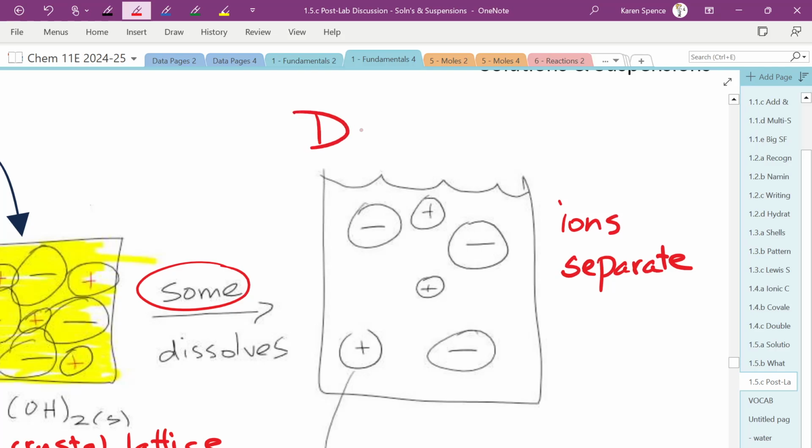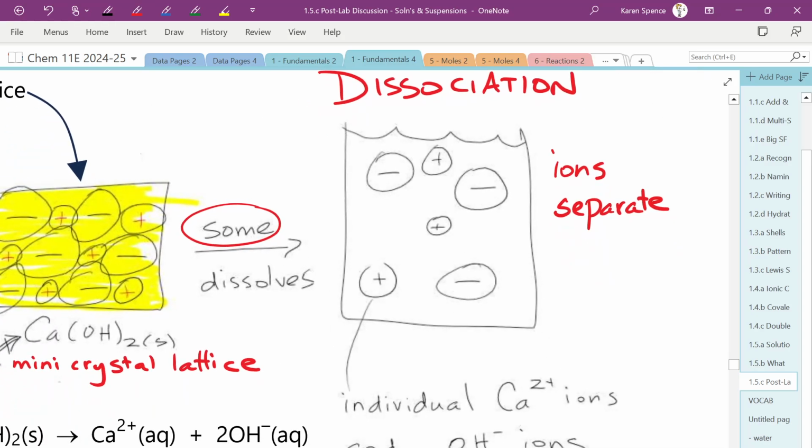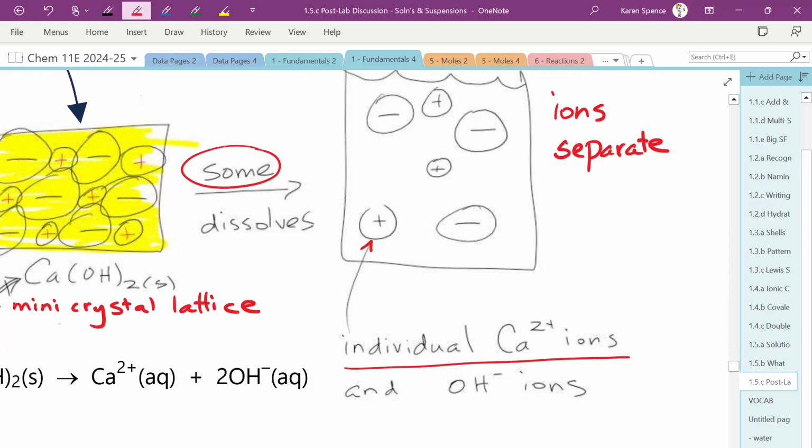Dissociation. So some of them separate, and the ions float separately. So in the beaker, we have some individual calcium ions and hydroxide ions.